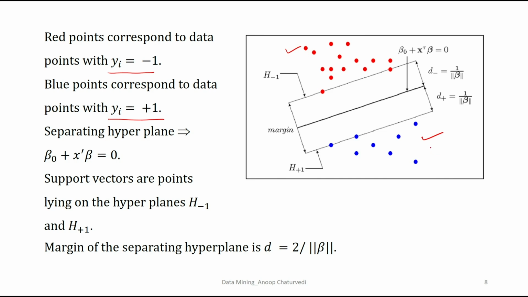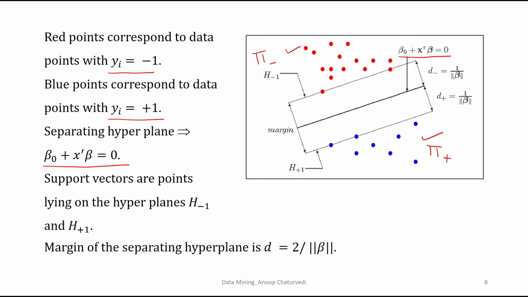So, this side we have the class pi plus, and here we have the class pi minus. Then your separating hyperplane is beta naught plus x transpose beta equal to 0.